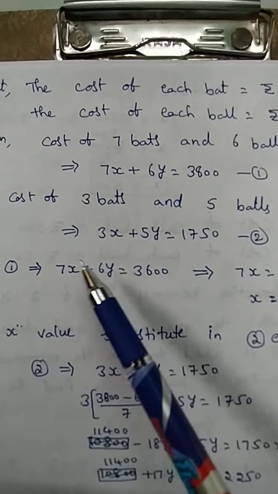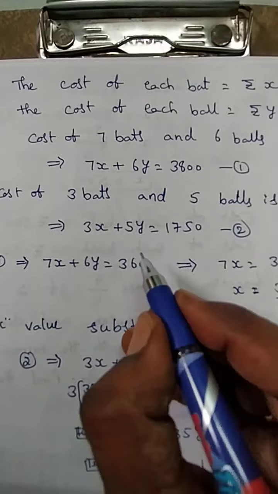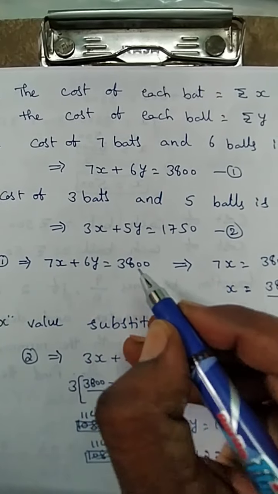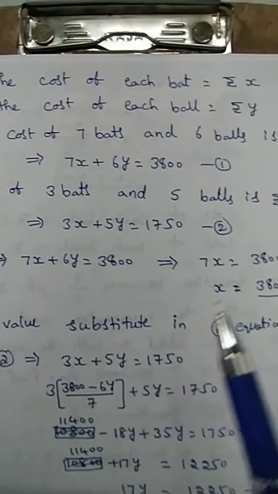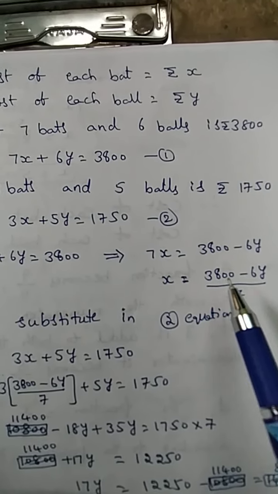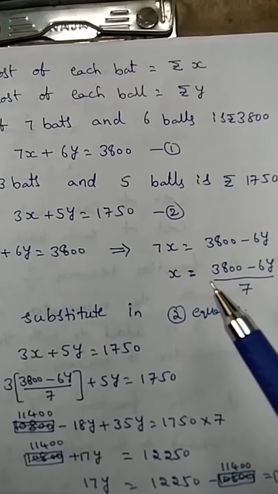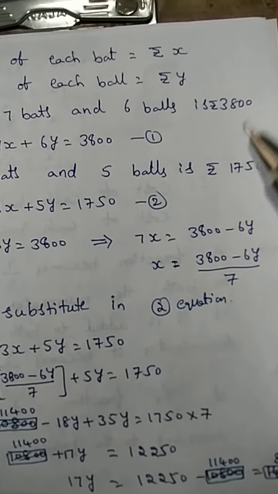The first equation, 7x plus 6y is equal to 3,800 rupees. Then 7x is equal to 3,800 minus 6y. x is equal to (3,800 minus 6y) by 7. We got the x value from the first equation, so we cannot substitute it in the first equation.